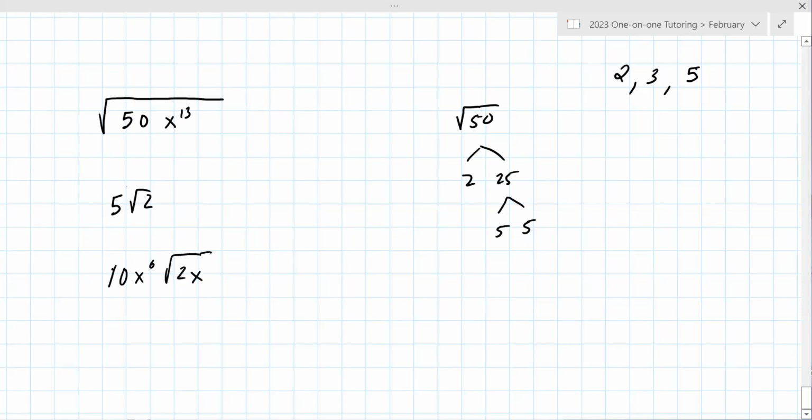Sorry. Yeah, so I think maybe the root part may be off here. You bring the 5 out and the 2 stays in.